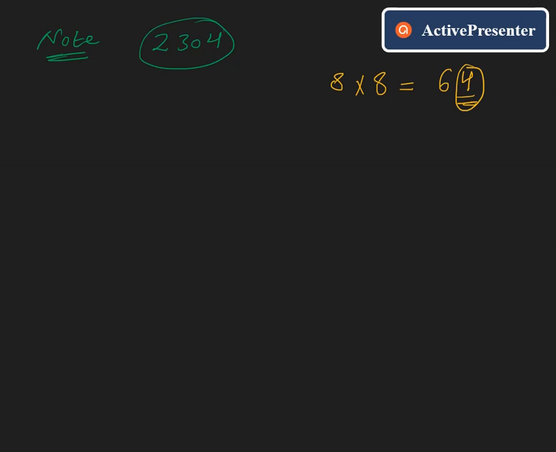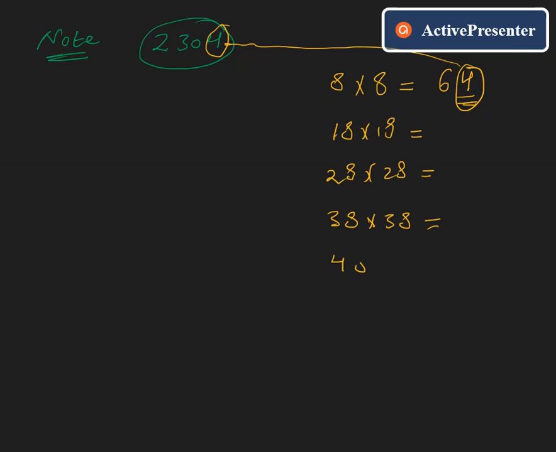So this 4 may be a reason to be this 4. So we will start by multiplying 8 multiplying 8. Then I will do 18 multiplying 18 and check. And 28 multiplied in 28 and check. And 38 multiplied in 38 and check. And 48 multiplied in 48 and check.